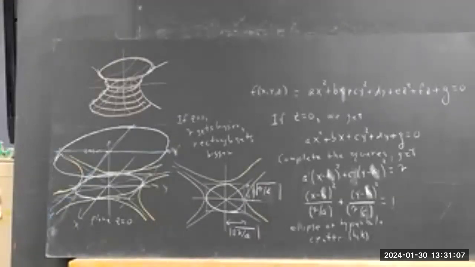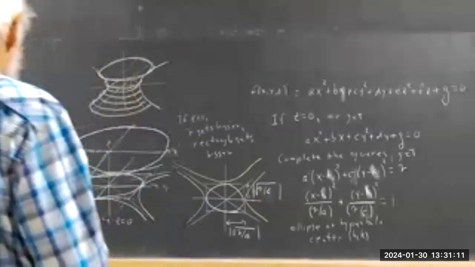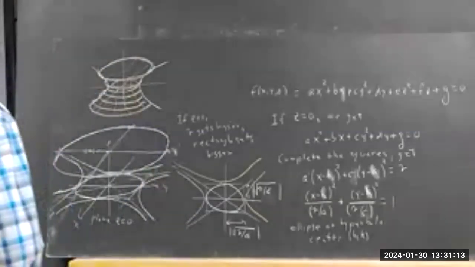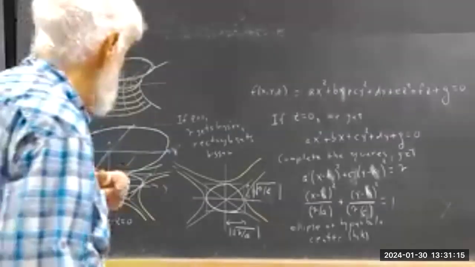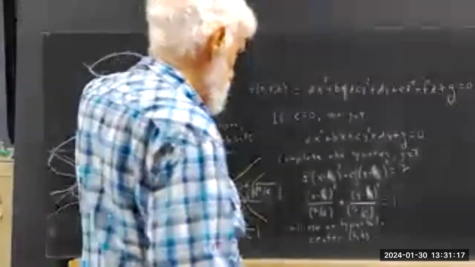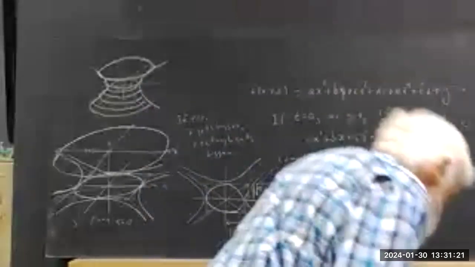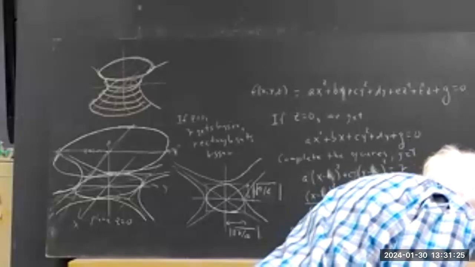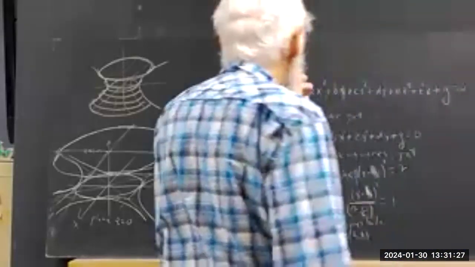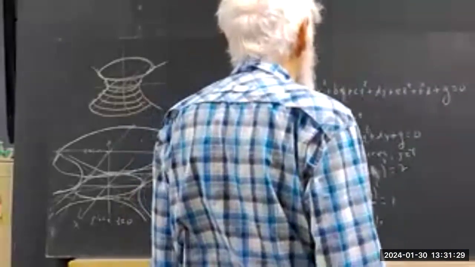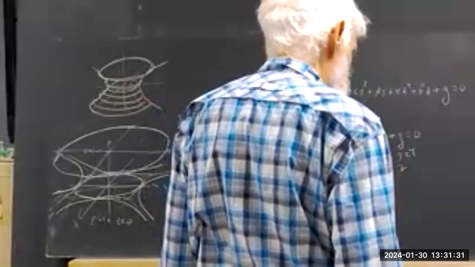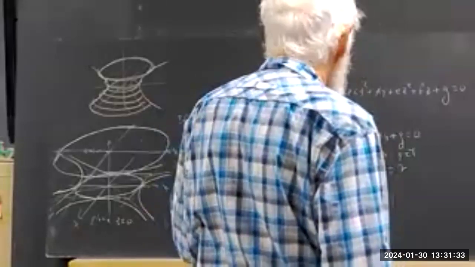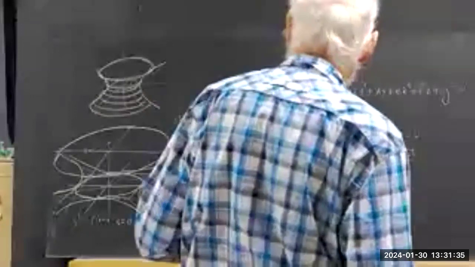So let's do this one example. Let's see what happens with the numbers. Now, am I out of board space? Okay, I am. So I'm going to have to wash a little bit of board.